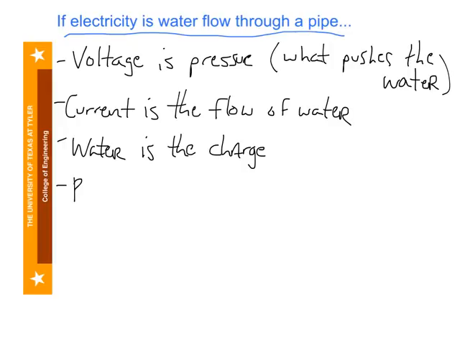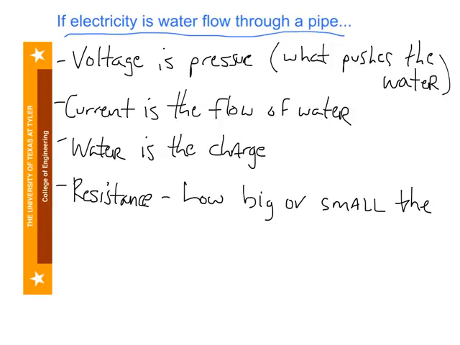And the resistance is how big or small the pipe is, for example. Alright, that's just one way to look at this.